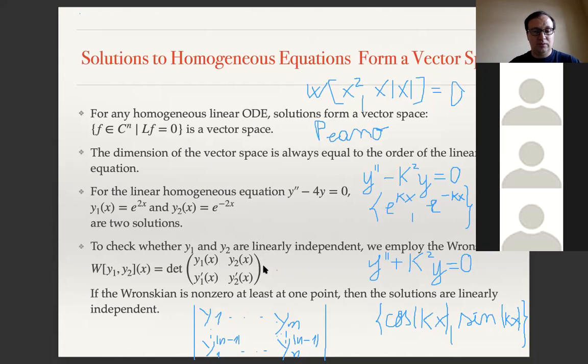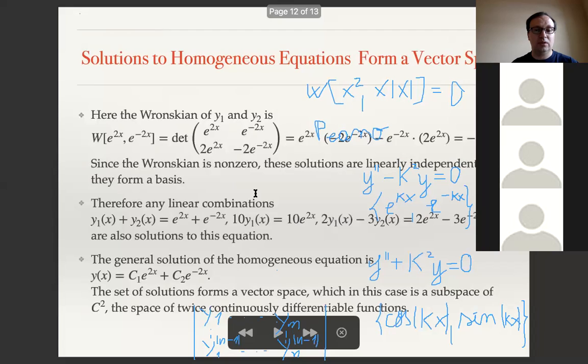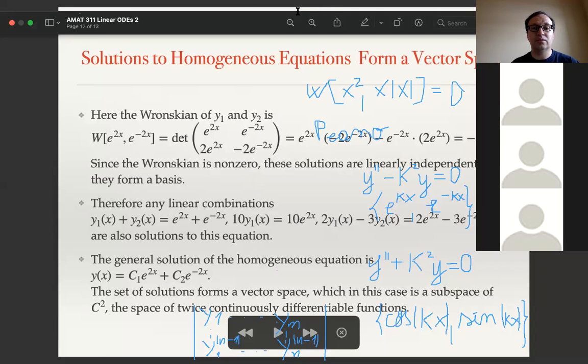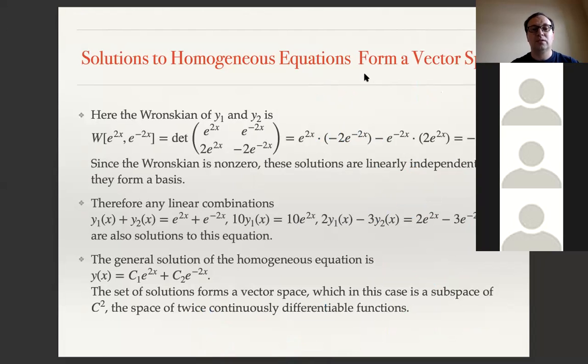All right, so in our case, we need to compute this determinant involving e to the 2x and e to the minus 2x and its derivatives. So now I have to erase everything in this. Okay, so the Wronskian in this case is pretty straightforward to compute.